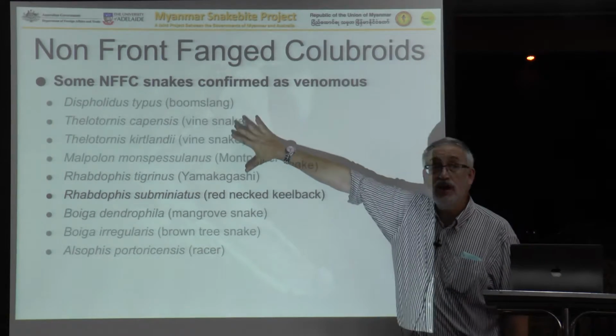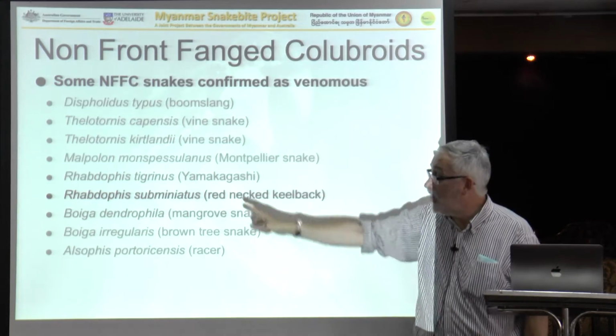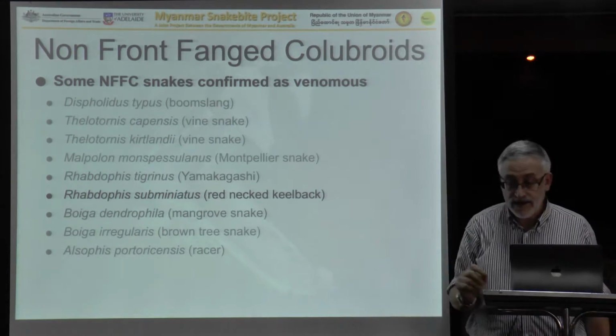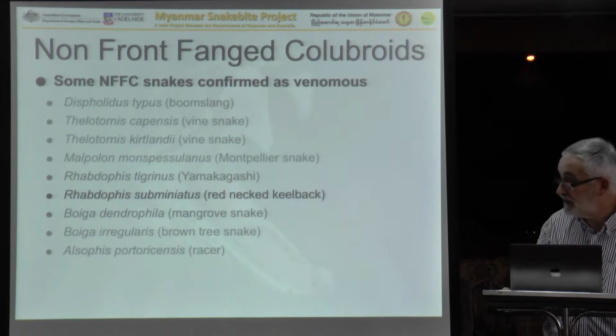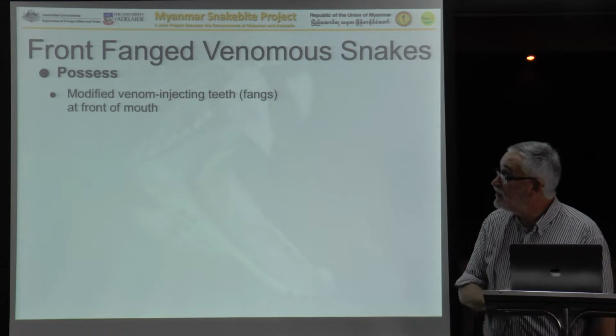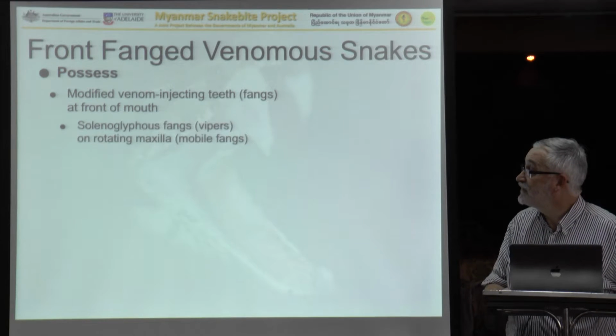The ones that are in grey are not relevant to your country. So the only species that's relevant to Myanmar is this one, the redneck keelback Rhabdophis subminiatus. They possess modified venom-injecting teeth at the front of the mouth.